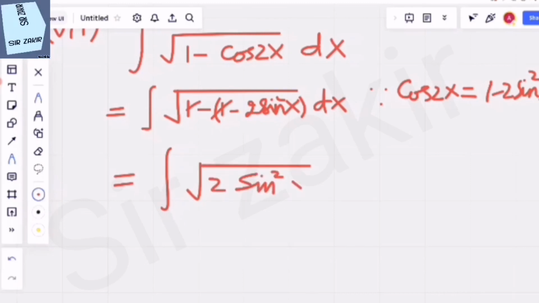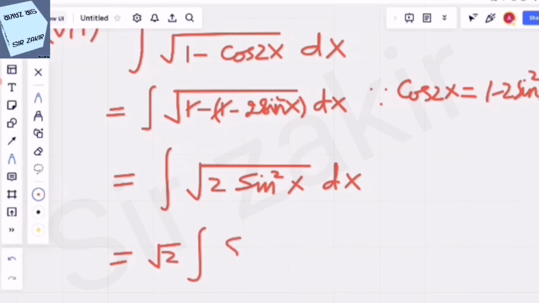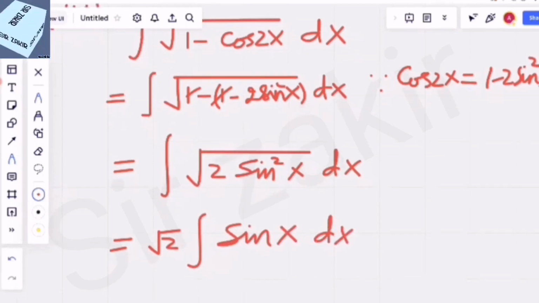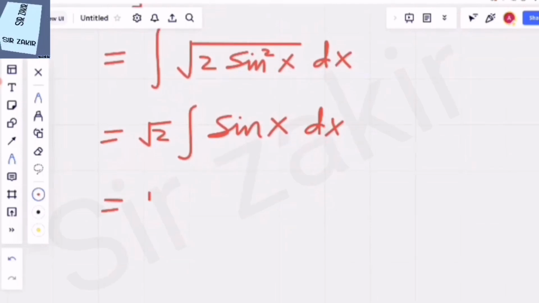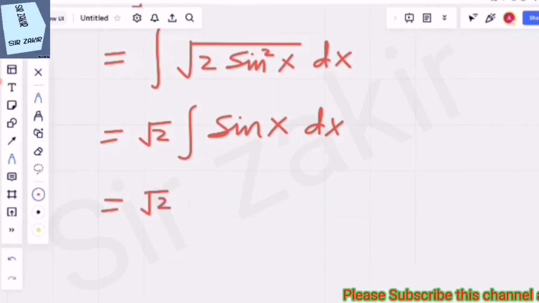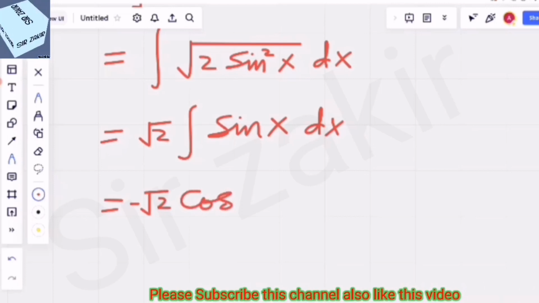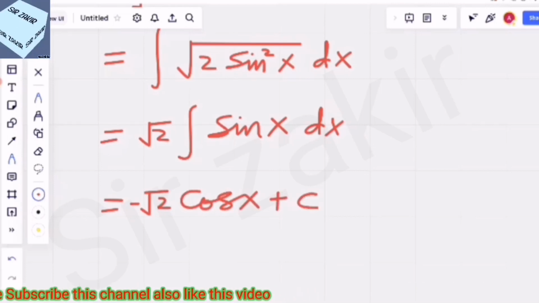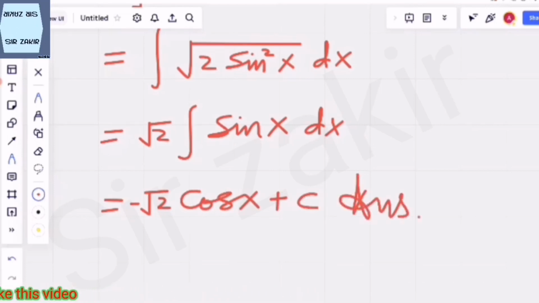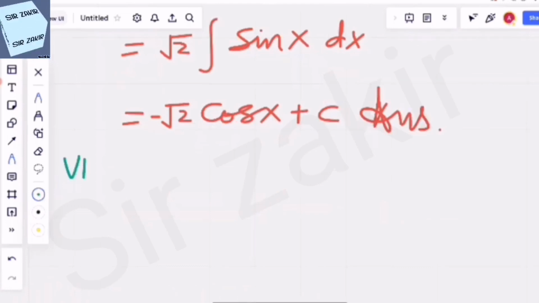Square root of 2 sin^2 x dx, and the root remains on 2, and square root 2 is shifted outside, and the integration of sine outside the root, it is sin x dx. Integration of sine is, as we have just seen, minus cos. It is also completed. Part number 8 we see now.